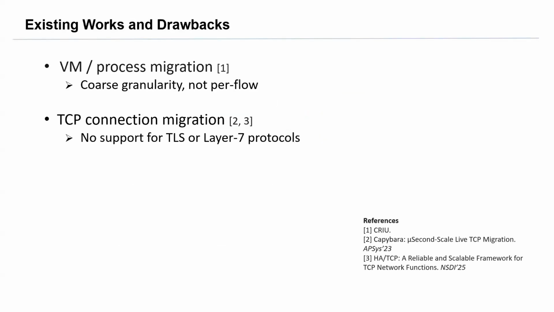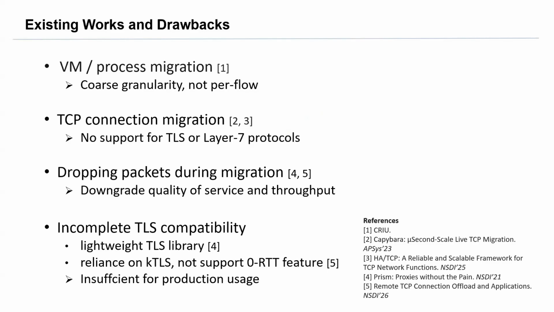Existing works fail to solve these problems very well. VM or process migration is too costly, and Capybara or HTTP migration only support TCP connection migration instead of the upper layer TLS or layer 7 protocol states. And more recent works like Prism or XO drop packets during TLS connection migration, which downgrades the quality of service and throughput.